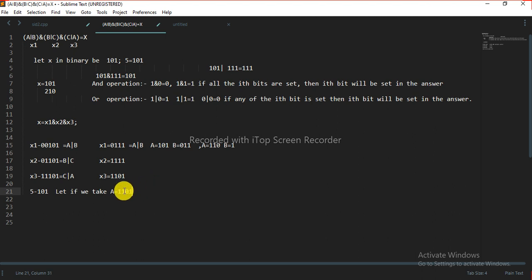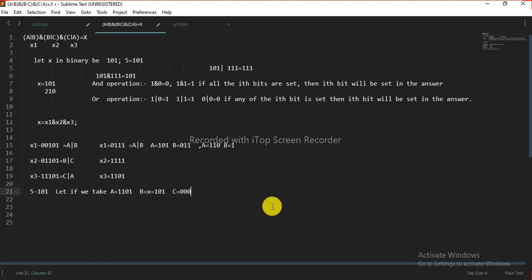We are basically taking 101 the same, and we are adding one more bit and taking this bit as set. And let's say we are taking B as x only, B as x is equal to 101, and let's say we are taking C as 0.